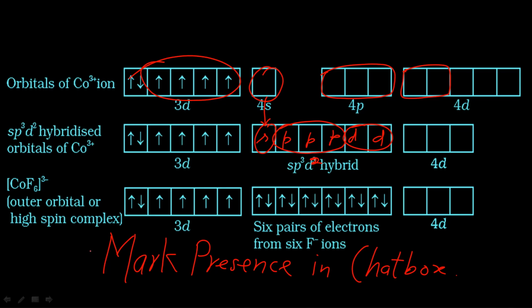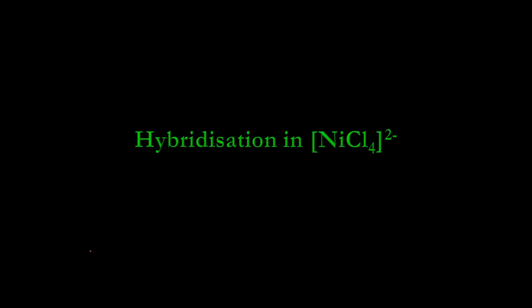Okay, so next one, hybridization in NiCl4 2 minus. First you will get the oxidation state of nickel. You will say X minus 4 equals minus 2, so X is plus 2. Nickel is in plus 2 oxidation state, so you will write the configuration of Ni2 plus.